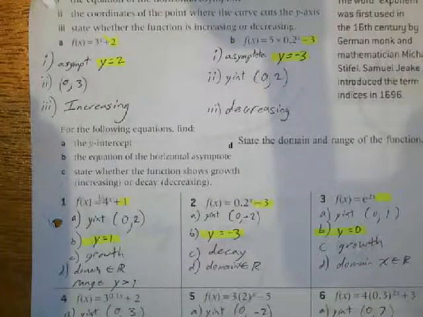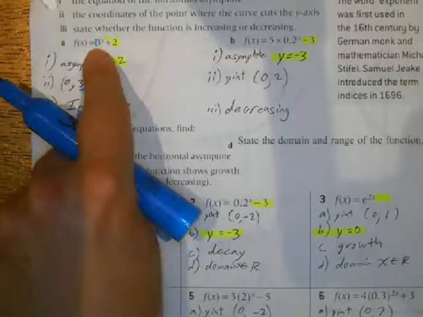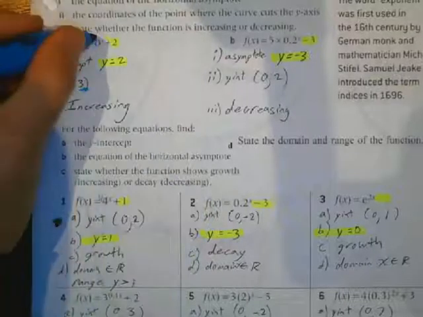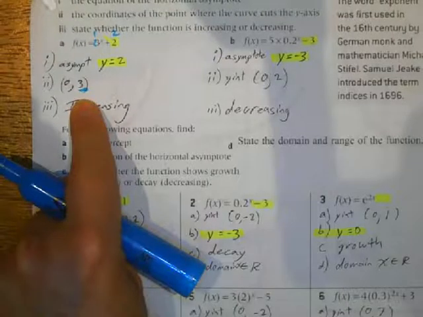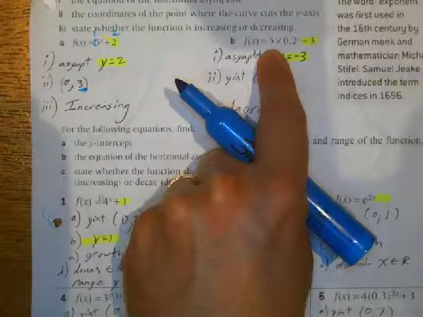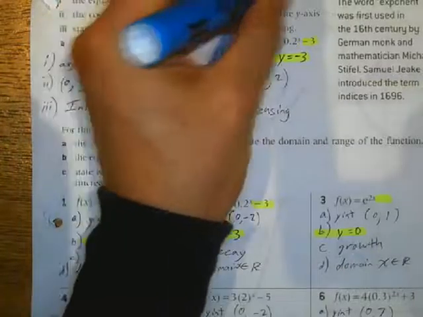Our y-intercept is going to be, notice there's no number in front of the 3, so it's going to be 1 plus 2, which is going to give me 3. Here we've got a 5. Our k value is 5, and our c value is -3.